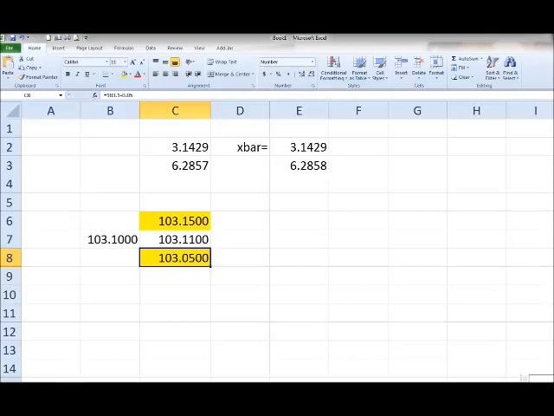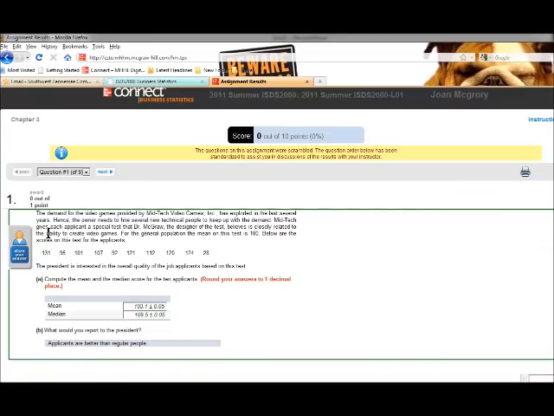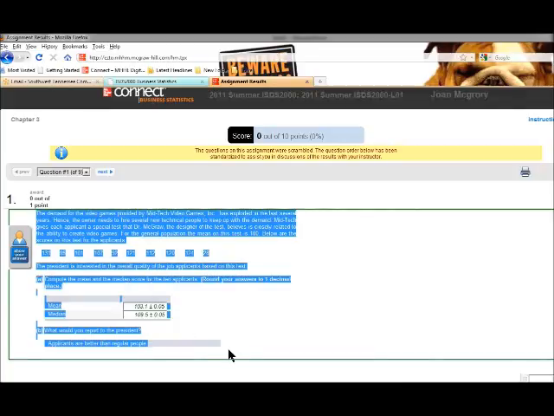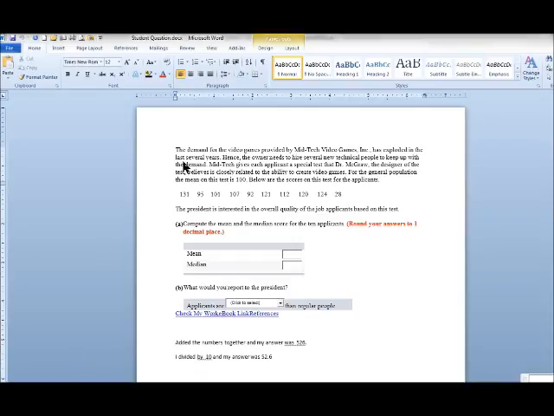Now, as a final thing, if you really get stuck, don't forget that you can copy. I'm dragging over. Right-click, copy. And if I go to a Word document, I can paste, and then you want to tell me what values you got, what steps you were taking.